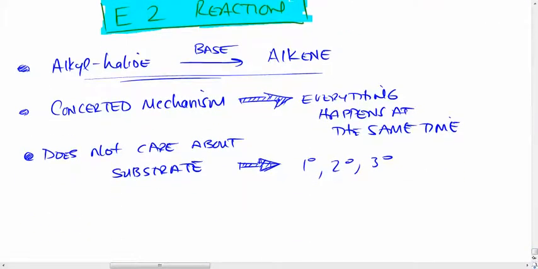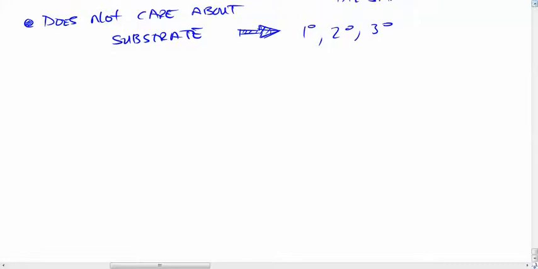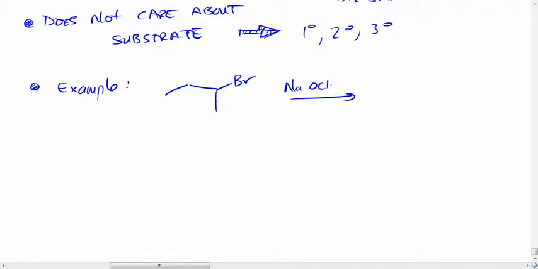So now we'll just take an example of this. In this case, we have this alkyl halide, and we're going to react it with sodium methoxide.